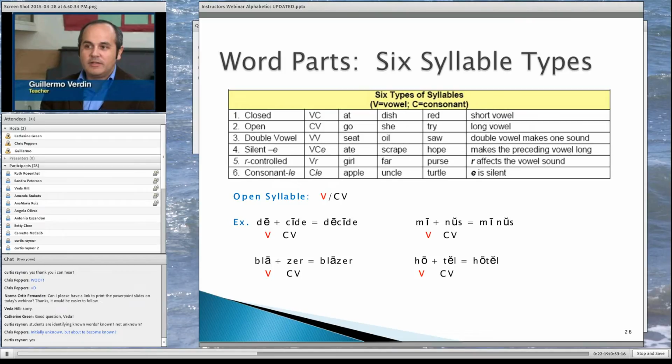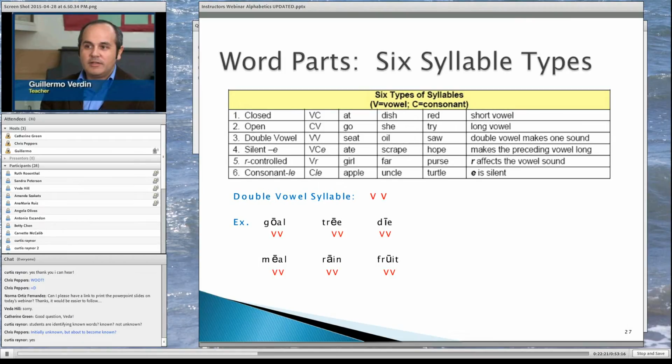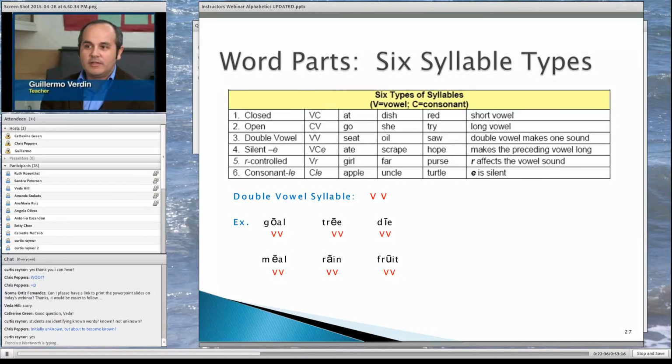And the final syllable is the double vowel syllable. A double vowel has two vowels, and together they make one sound. On the slide, again, you can see words that are made up of double vowel syllables.